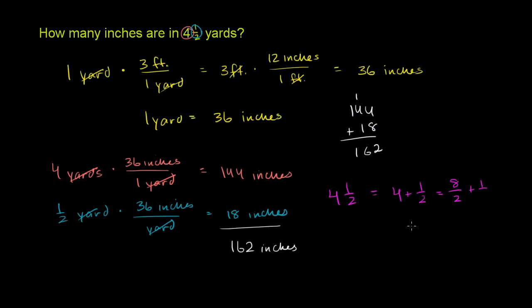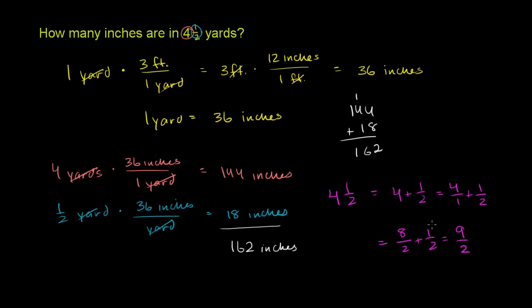Actually, let me write it that way, just so you really understand what we're doing. 4 is the same thing as 4 over 1. So it's 4 over 1 plus 1/2. If we want to find a common denominator, it's 2. So 4 over 1 is the same thing as 8 over 2 plus 1/2, which is equal to 9 halves.